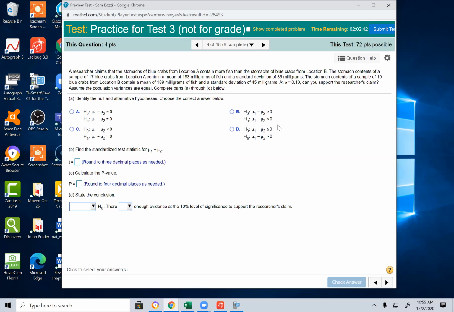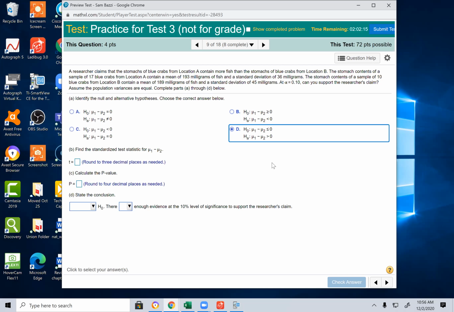I explained before that mu1 minus mu2 is bigger than 0. So which one has the greater sign in the alternative? Do you guys agree it's D? Because that means mu1 is bigger than mu2.